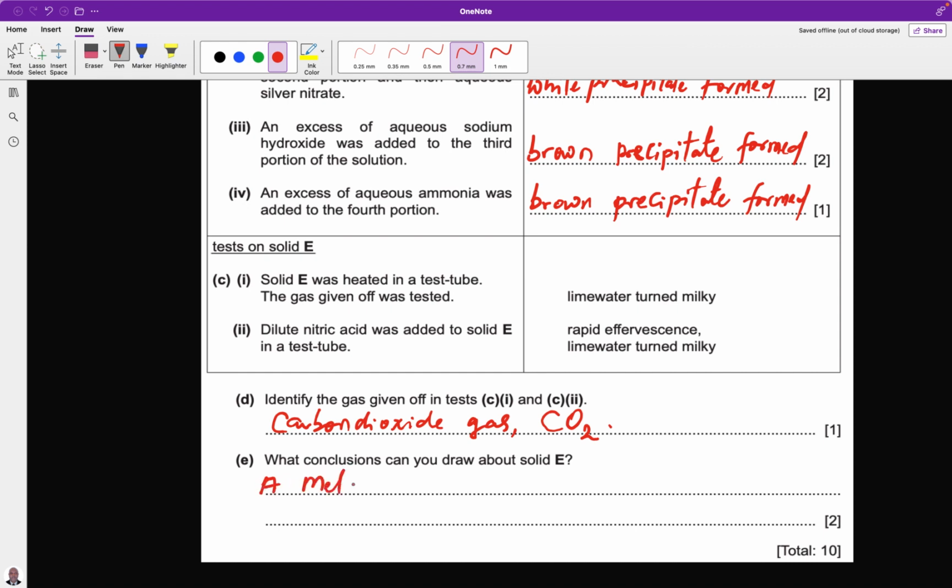E is a metal carbonate. An example of this metal carbonate is, I can say, sodium carbonate, or I can also say it could be calcium carbonate.